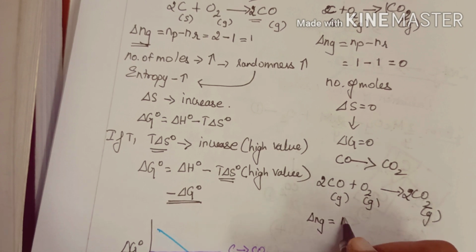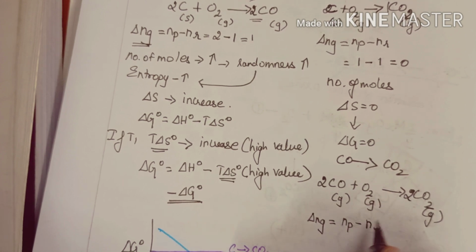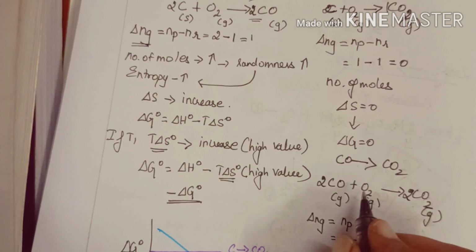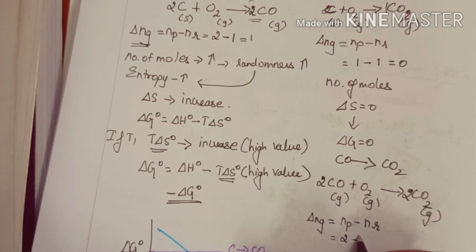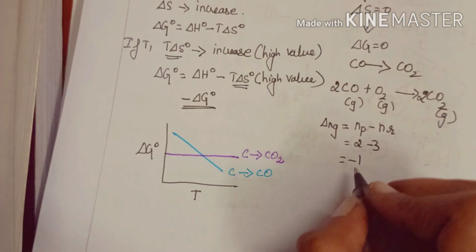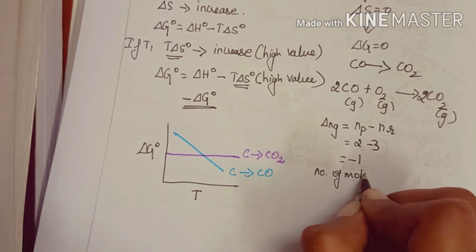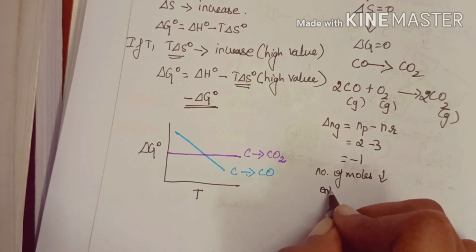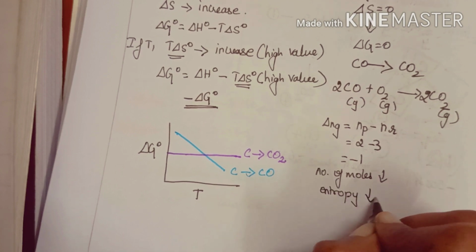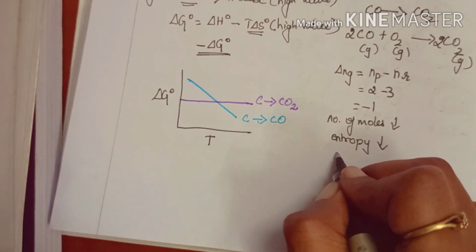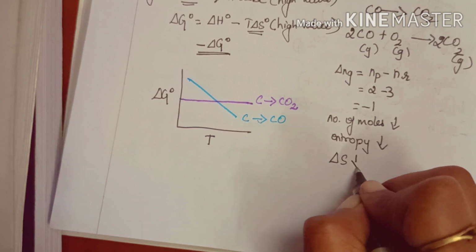Delta Ng is equal to Np minus Nr. So the number of moles of product is 2 and of reactant is 2 plus 1, which is 3. So here it will be minus 1. If the number of moles decreases, what happens to entropy? Entropy will also decrease. So delta S will decrease.